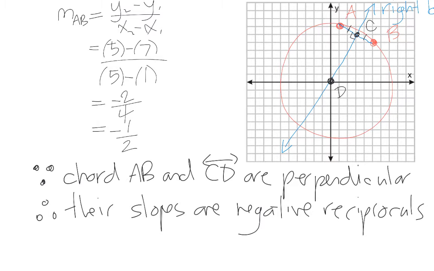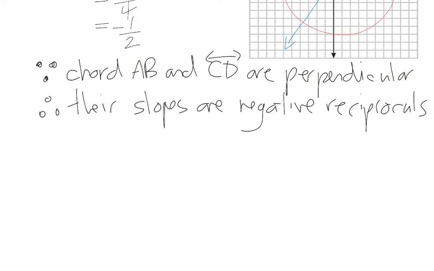Let's sum that up over here. So the slope of CD is just positive 2.